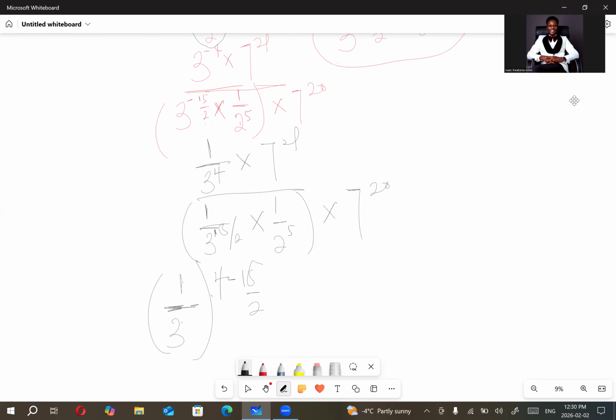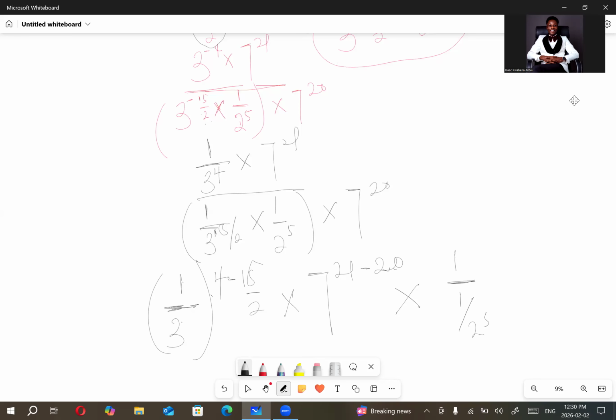Then times 7 also: 21 plus 20. No, they are divided, so it's 21 minus 20, times 1 over 2 exponent 5.